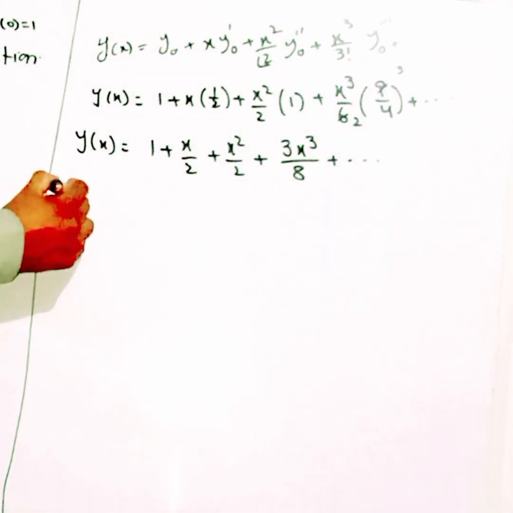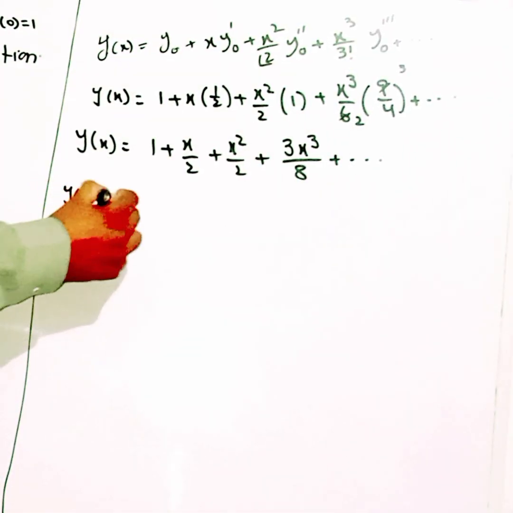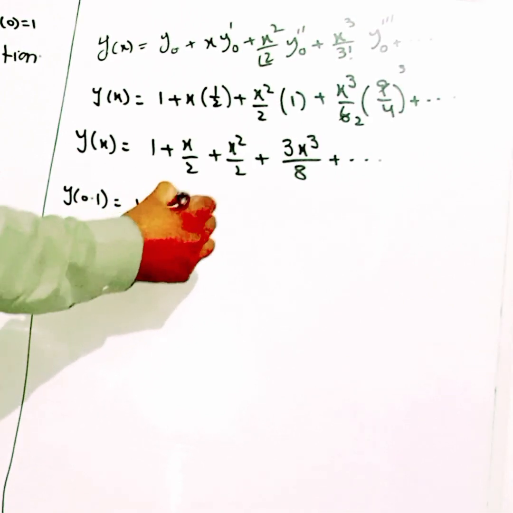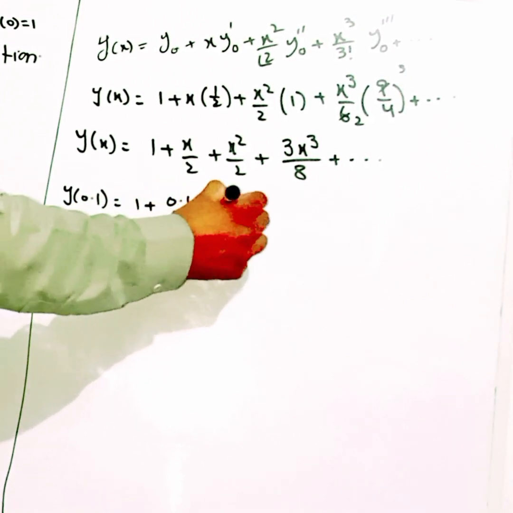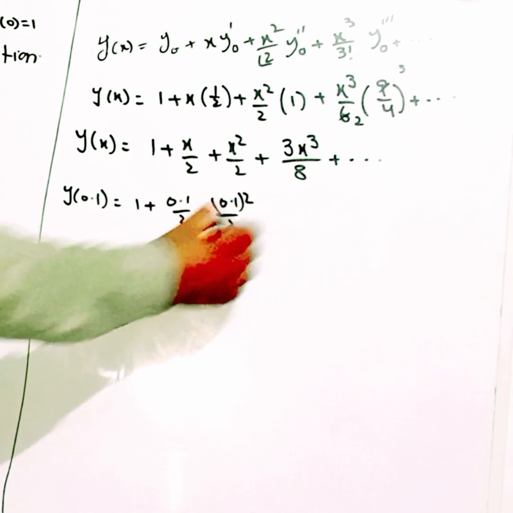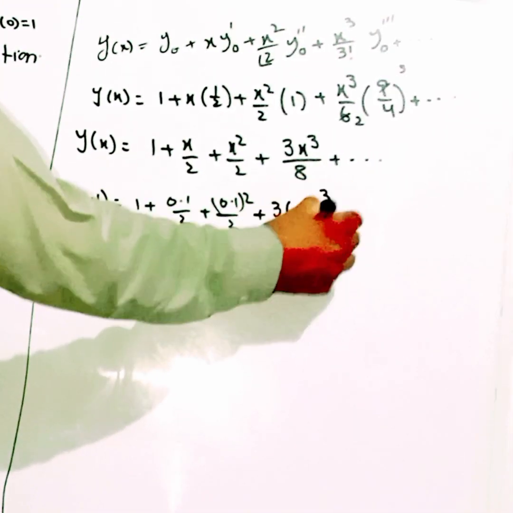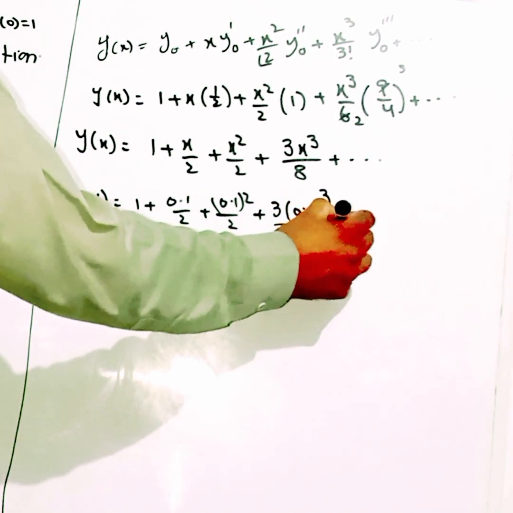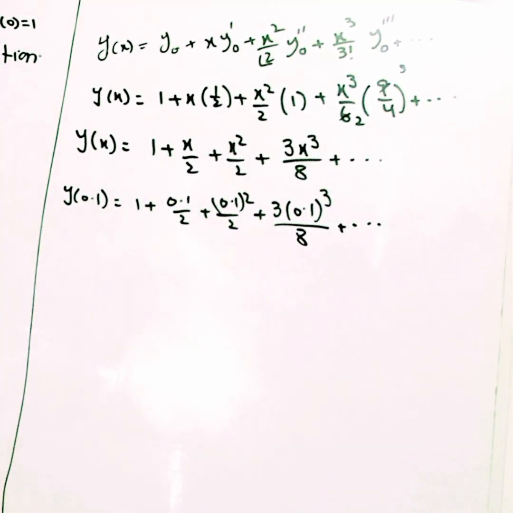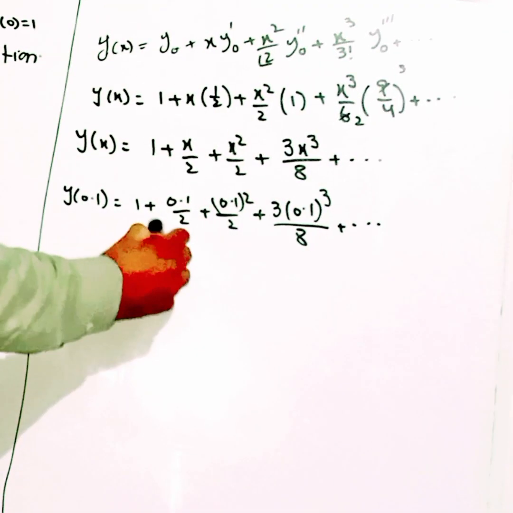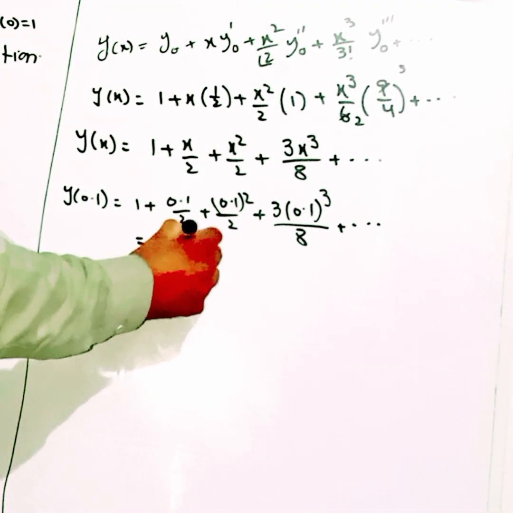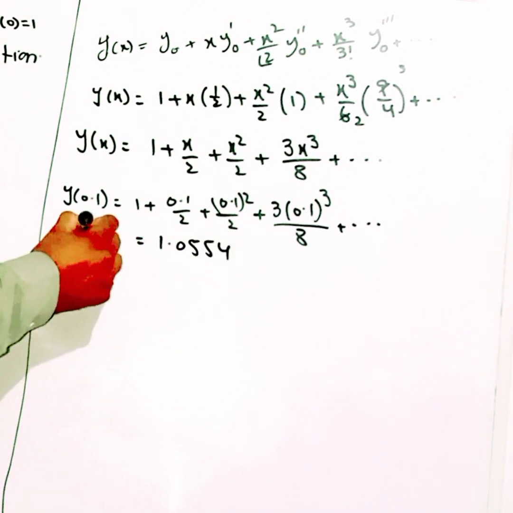Now we can find y of 0.1, which is equal to 1 plus 0.1 over 2 plus 0.1 square over 2 plus 3 into 0.1 cube over 8 plus so on. After simplifying, we obtain 1.0554.